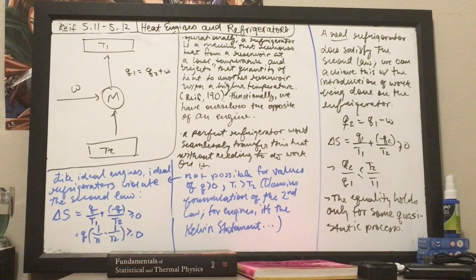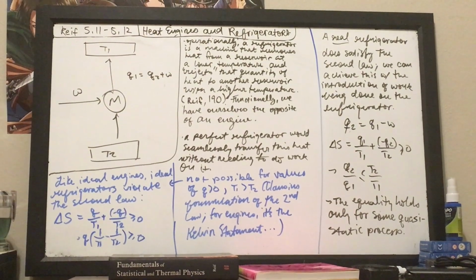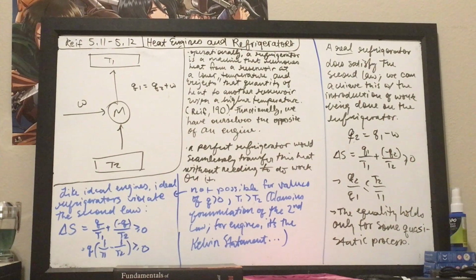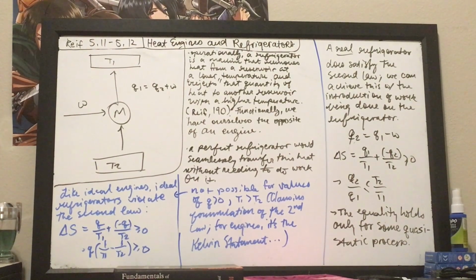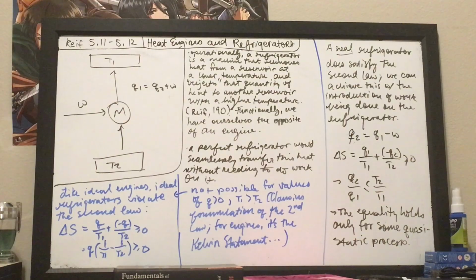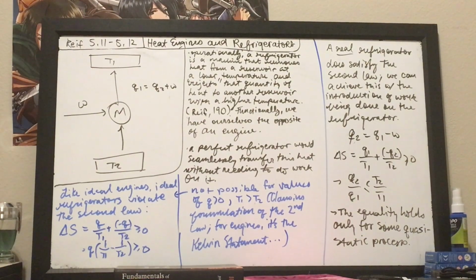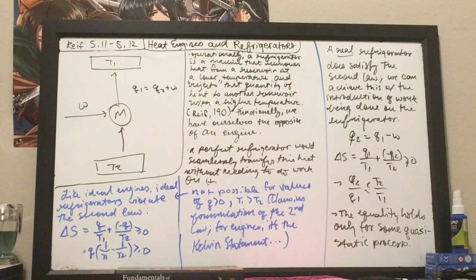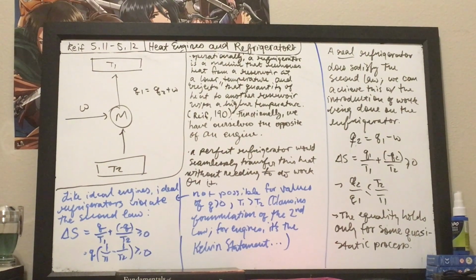Now, just to reiterate, our refrigerator takes heat from a reservoir that's at a lower temperature, and it rejects, that's the word that Rife uses, rejects that quantity of heat onto another reservoir with some higher temperature. And once again, that's why it would be the opposite of an engine.